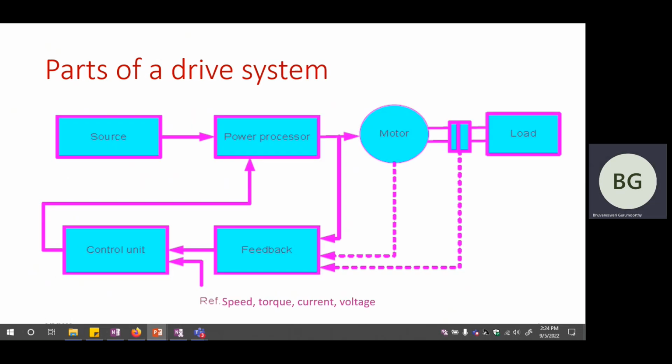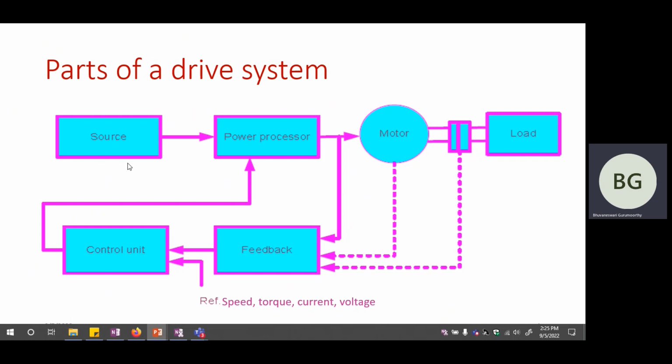So if you look at the drive system, it has all these parts. The first and foremost thing is the source. The source could be a single phase AC source, which is normally 230 volts, 50 hertz as far as India is concerned, or it could be a three-phase 50 hertz source, which could be anywhere between 400 to about 440 volts as far as India is concerned.